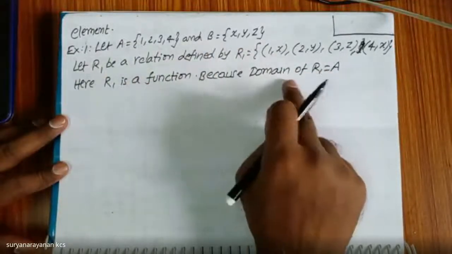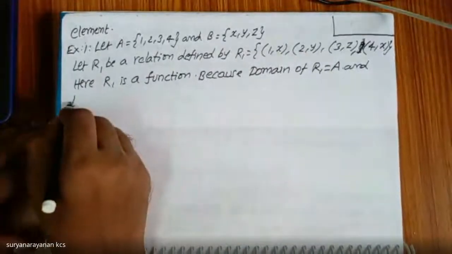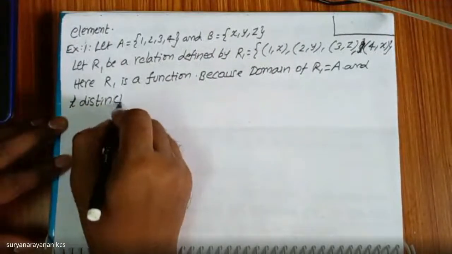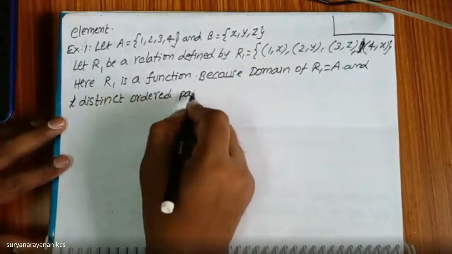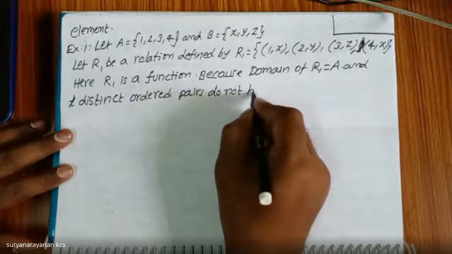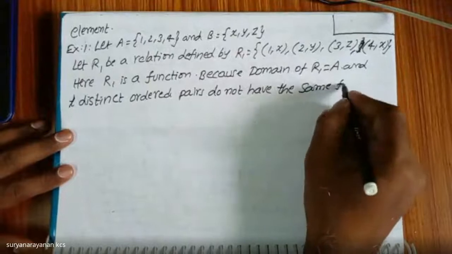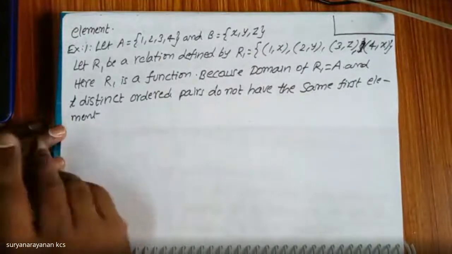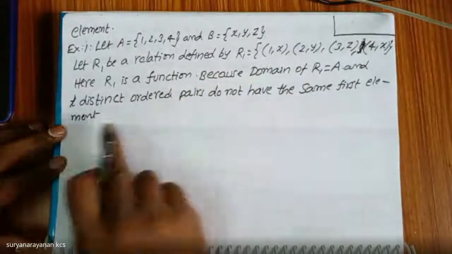This condition should be satisfied, and distinct ordered pairs do not have the same first element.